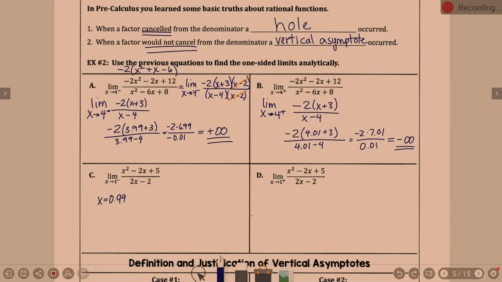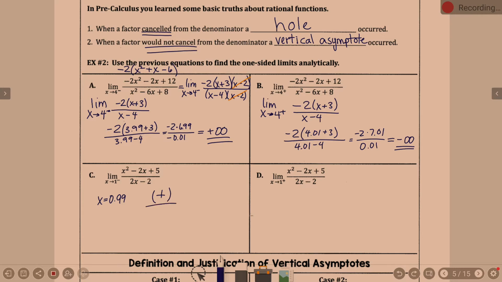Now, when I subtract 2 times that number, and then add 5, it's probably going to be positive. Yeah, it should be positive, because you're squaring something, and squaring something, generally speaking, is going to be bigger than multiplying it by 2. Then you're adding 5. So on top, we're approaching some positive value. Agreed?